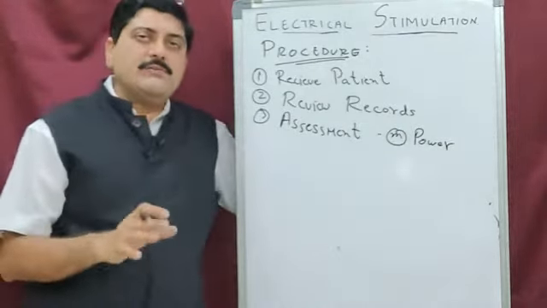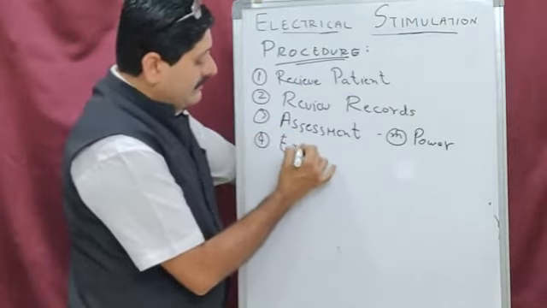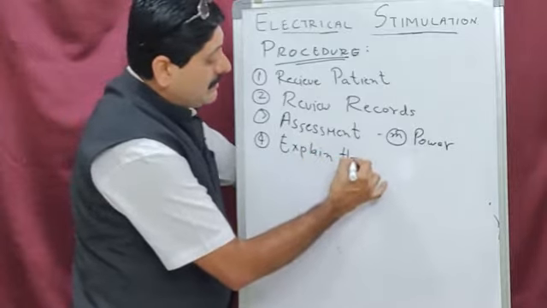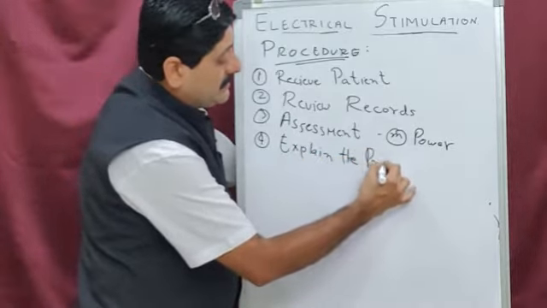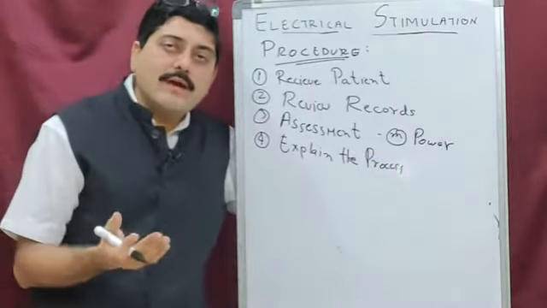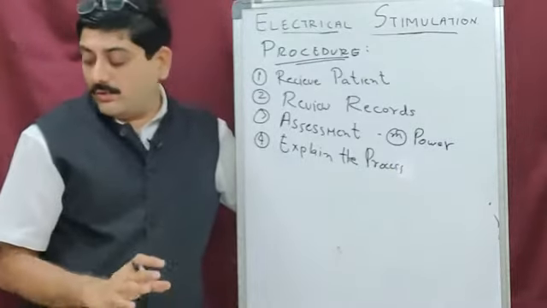Then you check the patient for stimulation. Then you explain the process. You explain the procedure to the patient, how we are going to do this, right? So this is the first cascade that you are going to do.